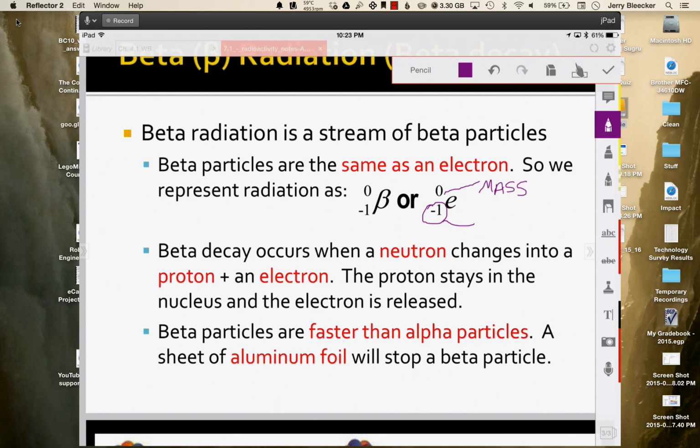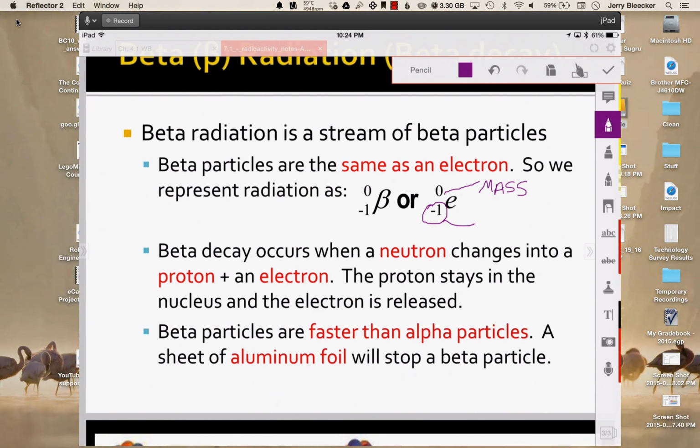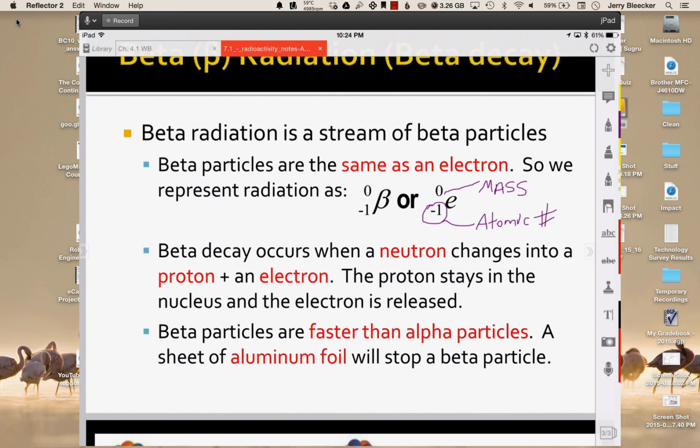An electron itself is given the notation -1 because it's not even a proton. So we denote the electron as having a -1. Think of it as a -1 atomic number. Okay. We'll do that notation.